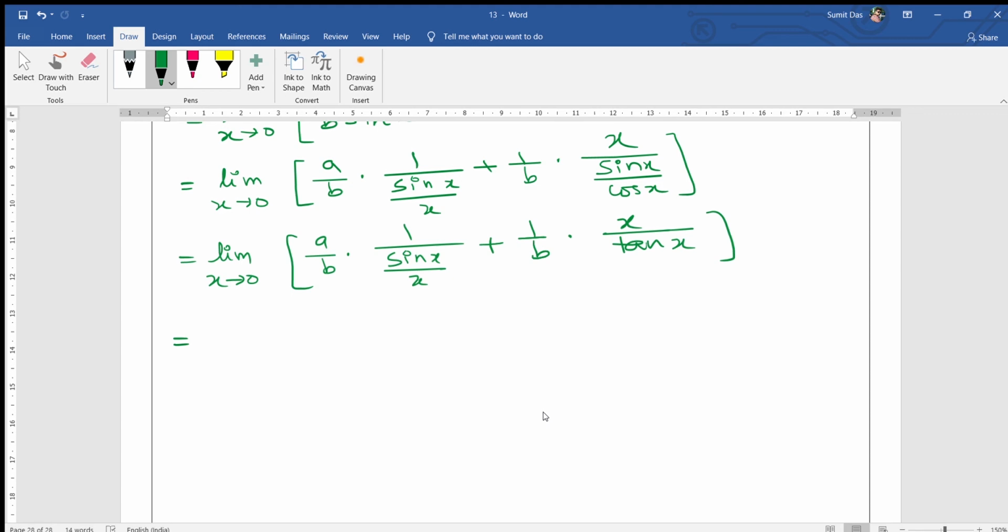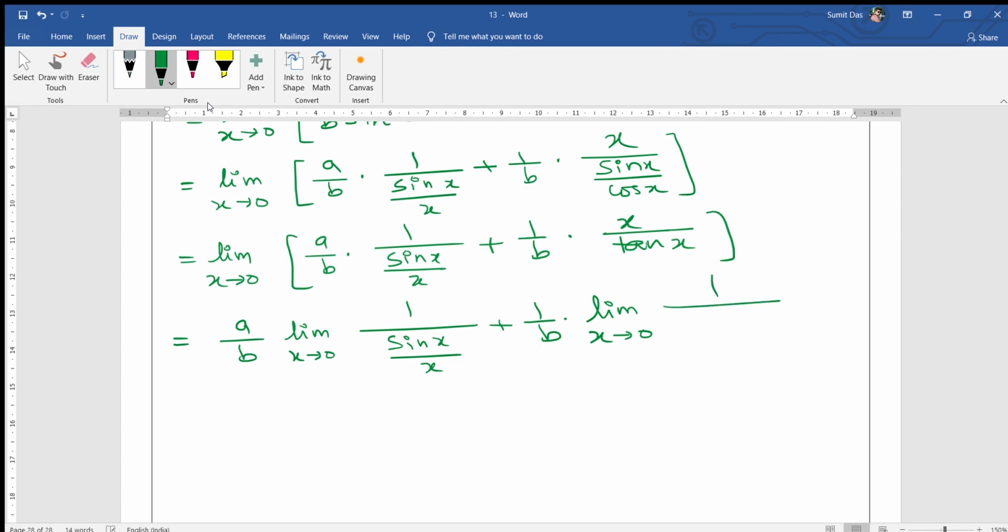I'm breaking the limits. I'm opening the bracket. So it will be limit x tends to 0, if you open the bracket, look, a by b was the constant, so a by b will come outside, it will be limit x tends to 0, 1 by sin x by x, and here it will be 1 by b outside, and this constant limit x tends to 0, 1 by tan x by x.